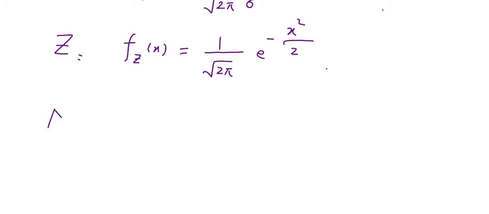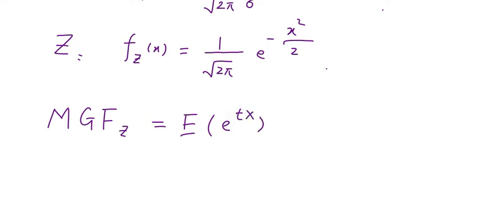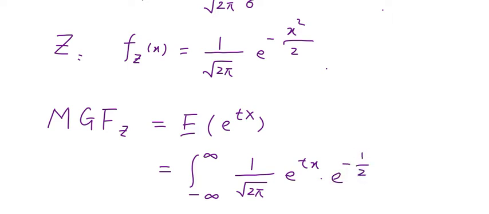The moment generating function of Z equals the expectation of e^(tX), which equals the integration from negative infinity to positive infinity of e^(tx) times e^(-x^2/2) dx.